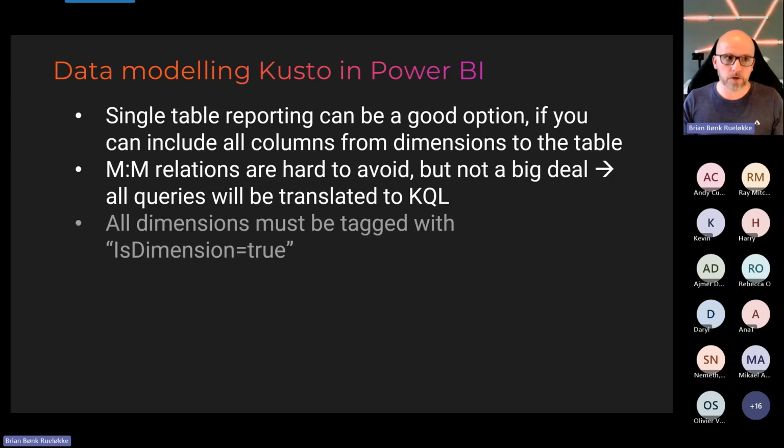If you have dimensions, it is a good option to tag them as is dimension equal true. I'll show you this in the demo, because with the Kusto query language, normally in SQL you will have your fact table, and then you join your dimension table, and then you do your where clauses, then perhaps you do some calculations and some group bys. In KQL, it's the other way around.